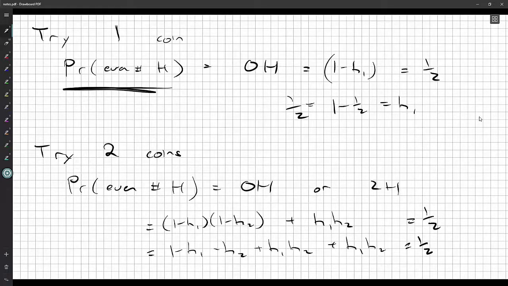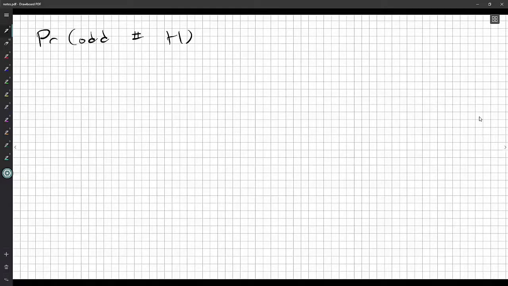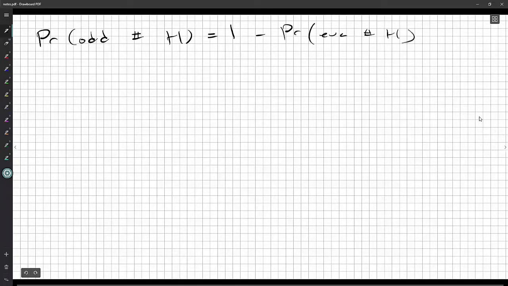But we can get another equation. If you don't have an even number of heads, if you have an odd number of heads, that's got to be the exact opposite, so it'll be 1 minus the probability of an even number of heads. But we were told that that's 1/2.